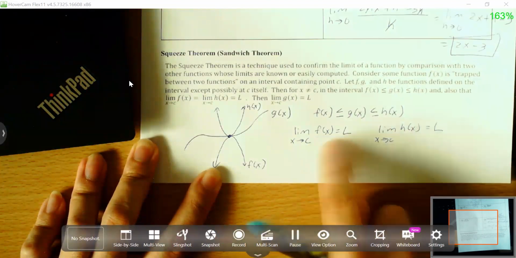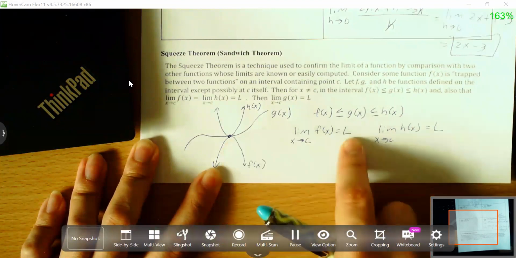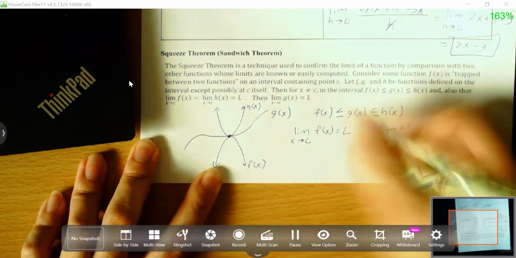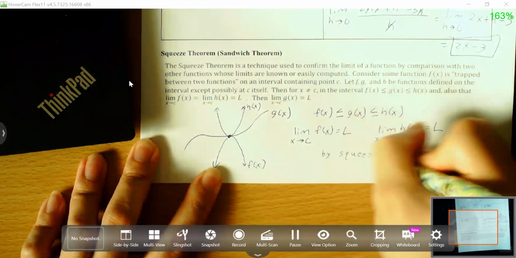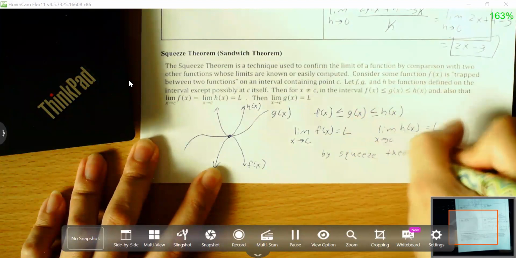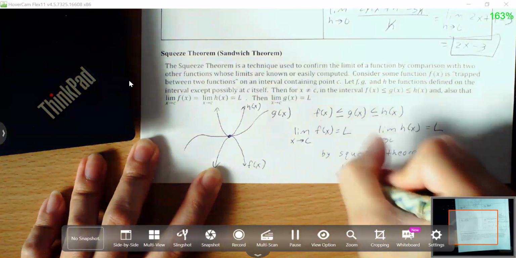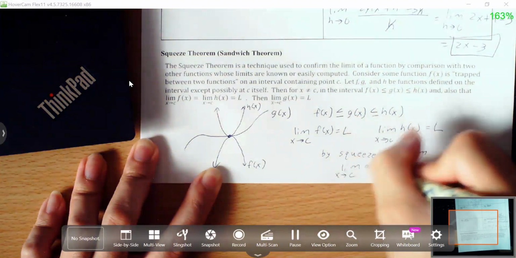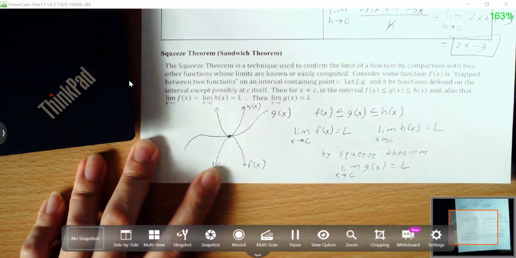And let's say at this point you find that the limit is L, then by the squeeze theorem, the limit as x approaches c of g of x is also equal to L.